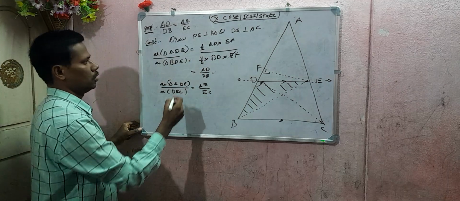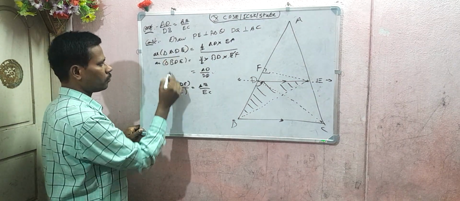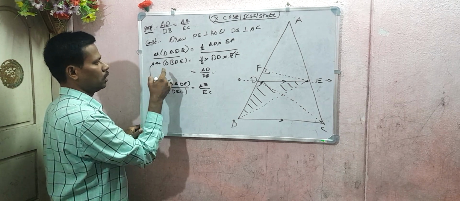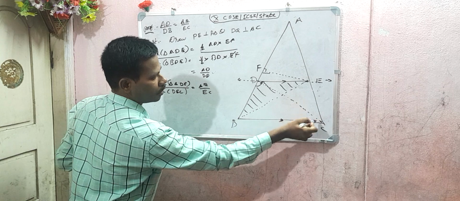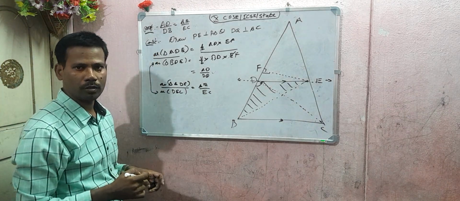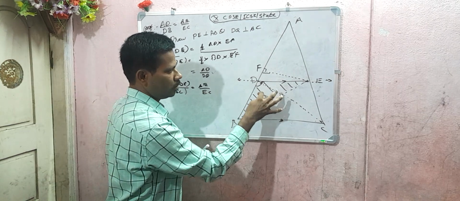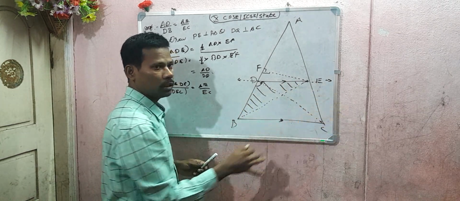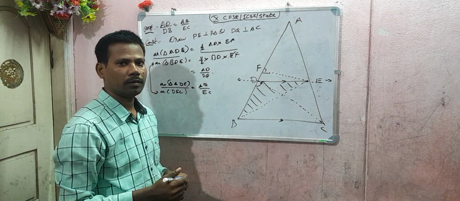Now observe this carefully, these two: area of triangle BDE and area of triangle DEC. Just now I explained before proving the theorem: if two triangles lie on the same base and between the same parallels, their areas are equal.